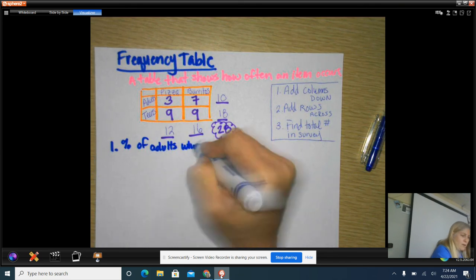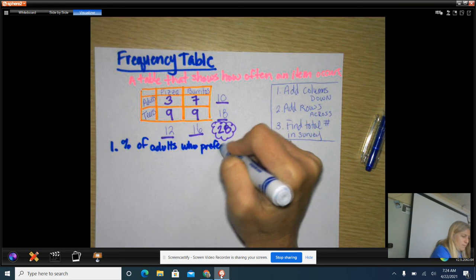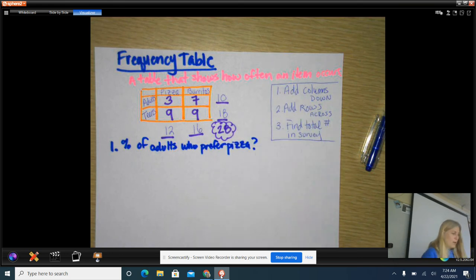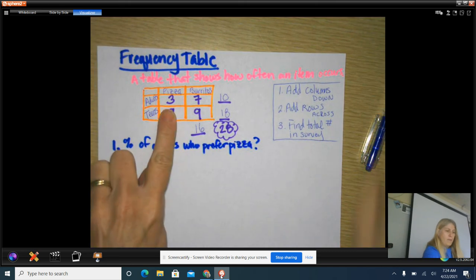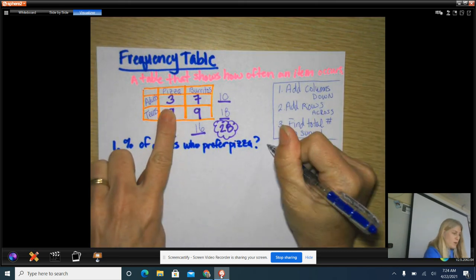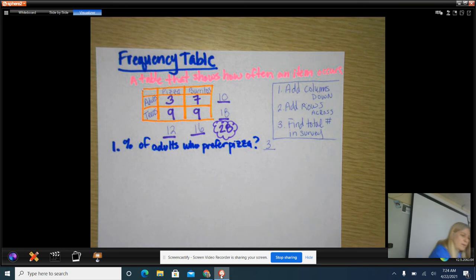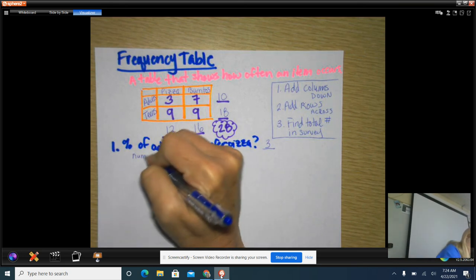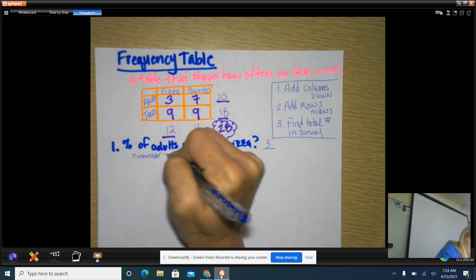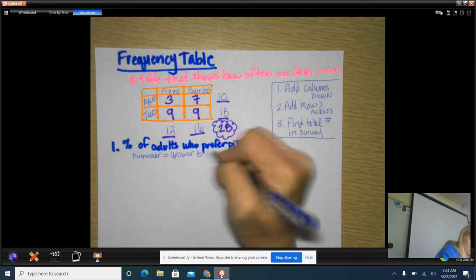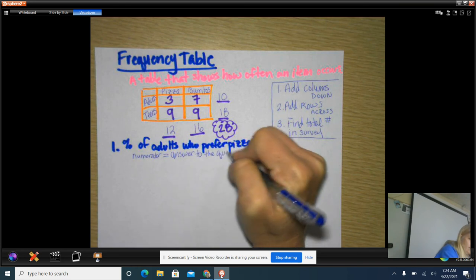So our first question is the percent of adults who prefer pizza. Okay, so we're going to take a look at our pizza number, and that's going to be our numerator. So our numerator is going to be the answer to the question.